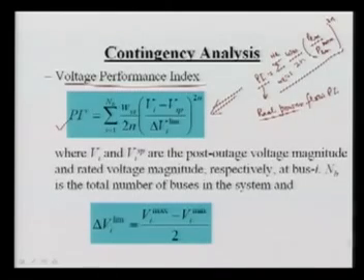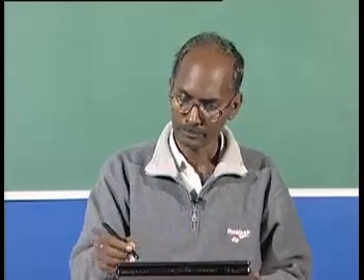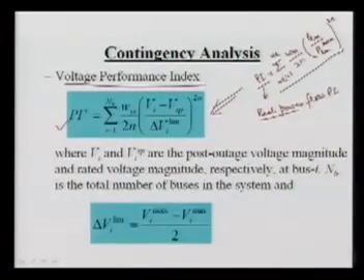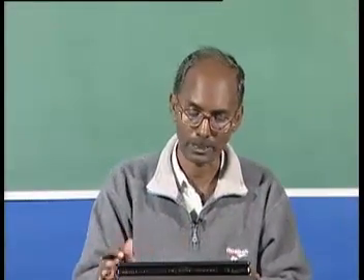Here omega m is giving the relative importance, as I explained yesterday in the previous lecture. Normally this value is kept 1, so we are giving the relative importance for all the line outages equally.